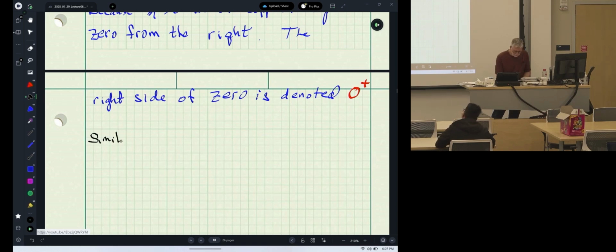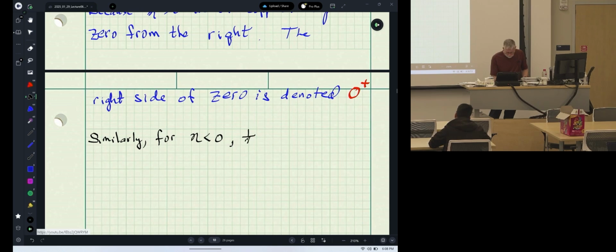Similarly, if I take my little Greek letter eta and I make it negative, then 1 over eta is negative. And it's still true. If eta now goes to minus infinity, and I look at the simple function 1 over eta, I get 0.